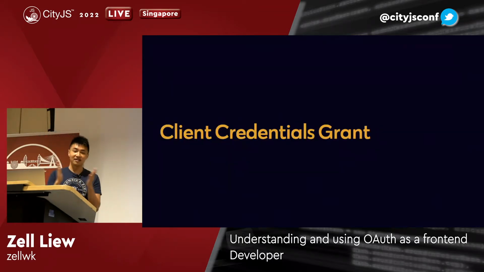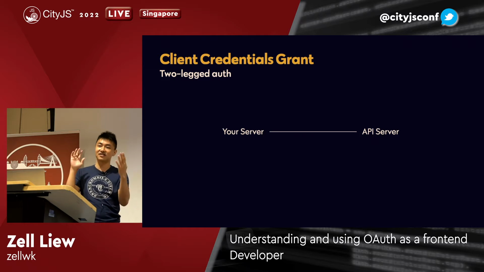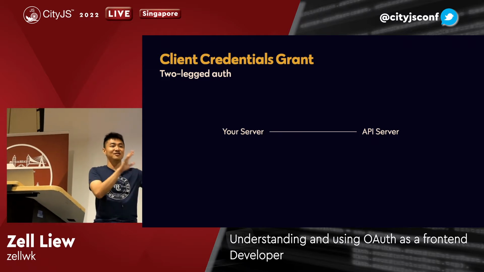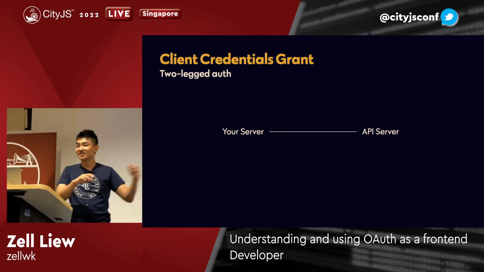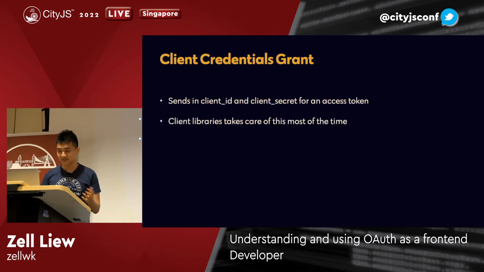Let's begin with client credentials grant, which is the simplest of them all. Client credentials grant can also be called two-legged authentication because it is an interaction between 2 parties, your server and the API server, whatever it is, and the 2 of them are playing games with each other. So nobody else is involved, that's why two-legged authentication.